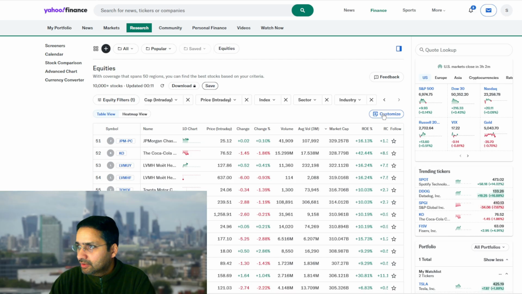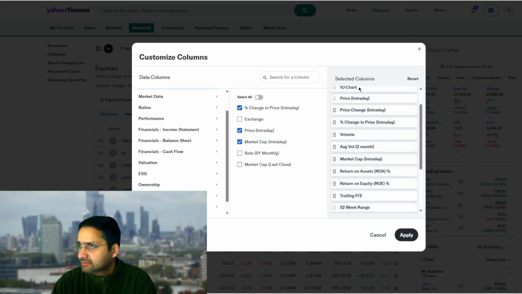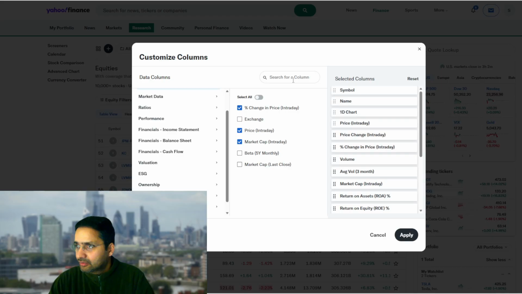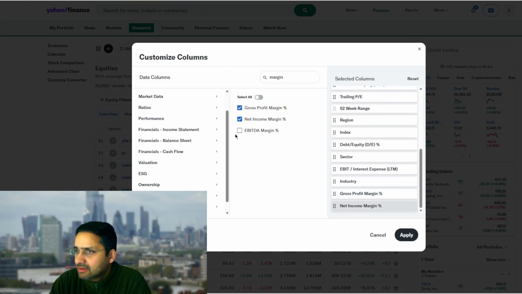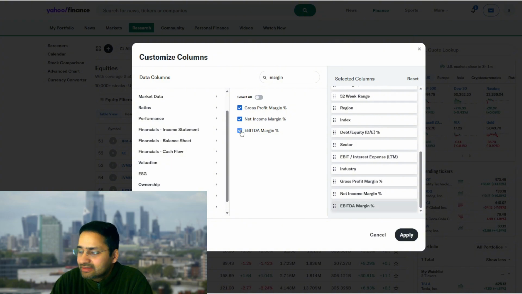So if we go to Yahoo Finance again and look for margins, you'd see that we don't have operating margin here, but we do have EBITDA margin, which is close but not exactly the same as operating margin. Normally EBITDA margin will give you slightly higher values.